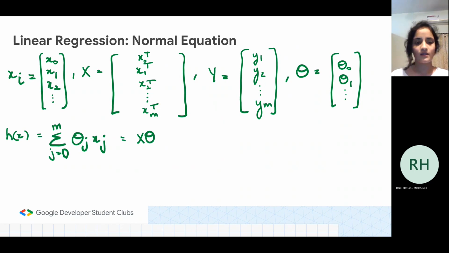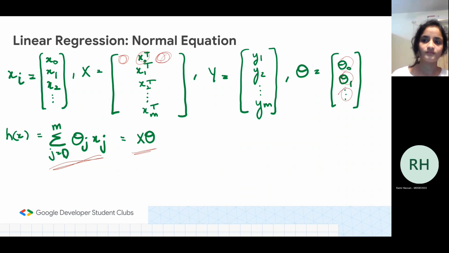H of x, the line equation, this was the old line equation. Now we'll just represent it as the matrix x multiplied with the matrix theta. If you remember how matrix multiplication works, each value of the row is multiplied with each value of the column: x0 theta 0, x1 theta 1, x2 theta 2, and it sums them up together.